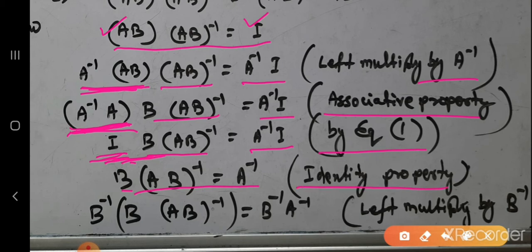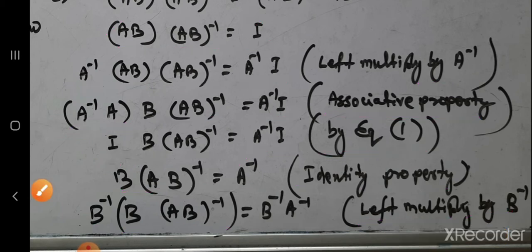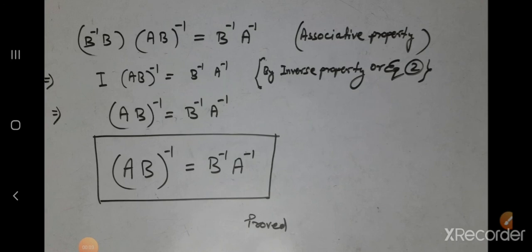Now you left multiply by B inverse. You multiply this side also by B inverse, this side also B inverse. Then B inverse with this, and B inverse with A inverse. Now we apply the associative property here. What is the associative property?